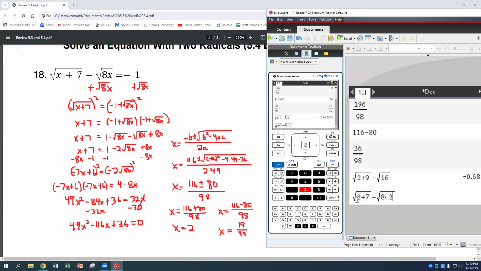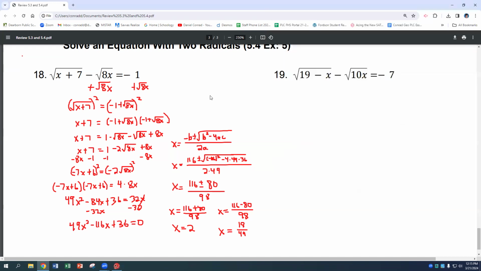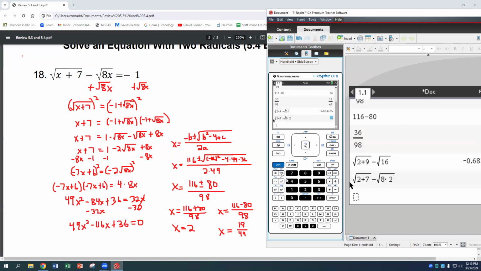That's 3 minus 4, which is going to be -1, right? -1. Okay, let's try the other one. This one I've got to put in. Square root.